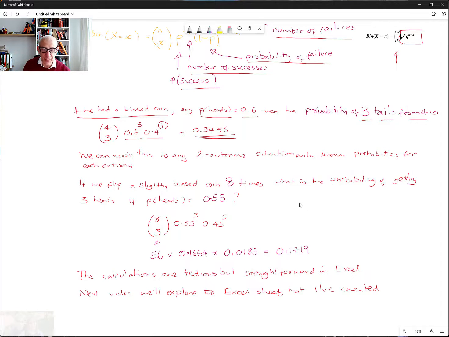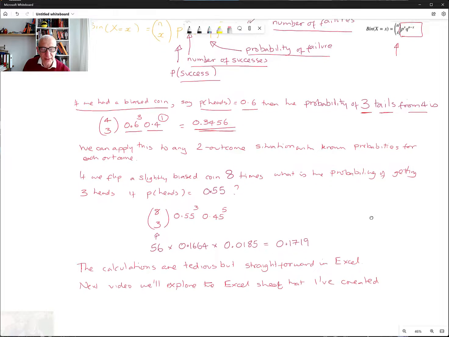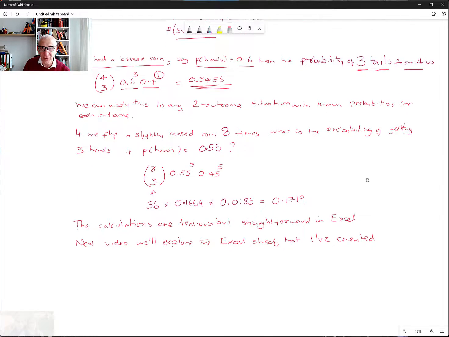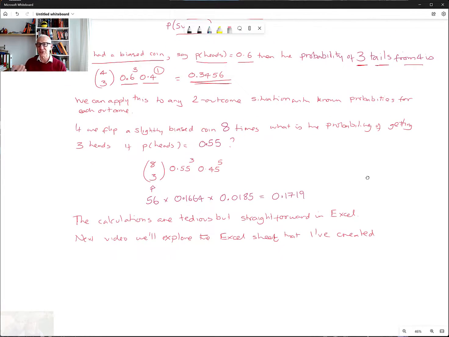We're going to see a quicker way to do it for the actual course, because getting you to work those out that way all the time is just going to block you up with calculations rather than your understanding of the binomial theorem. So I'm going to show you an Excel spreadsheet in a moment. So we can apply this to any two outcome situation with known probabilities for each outcome. So here we go.